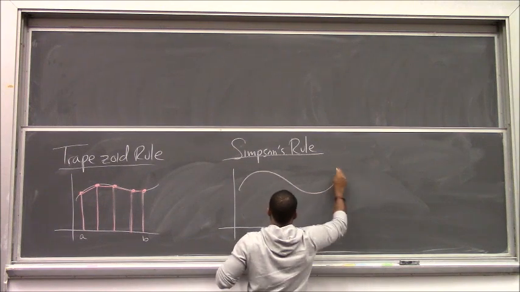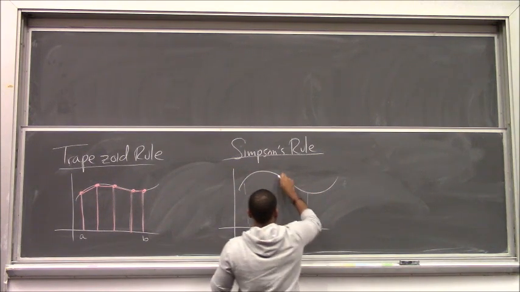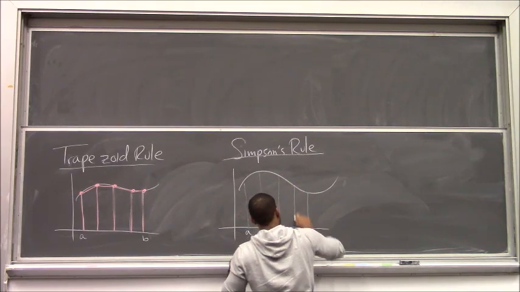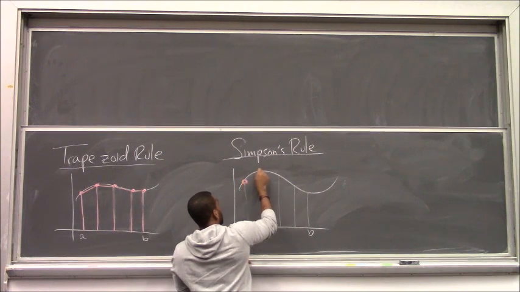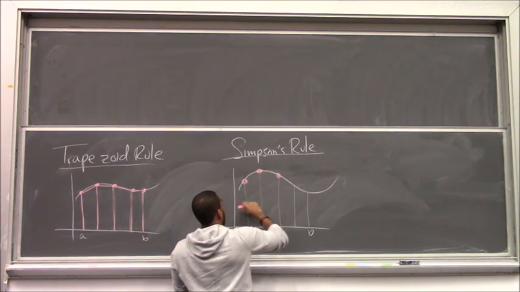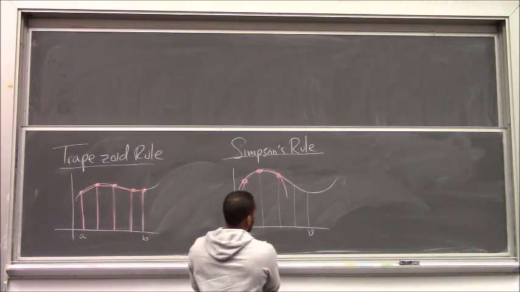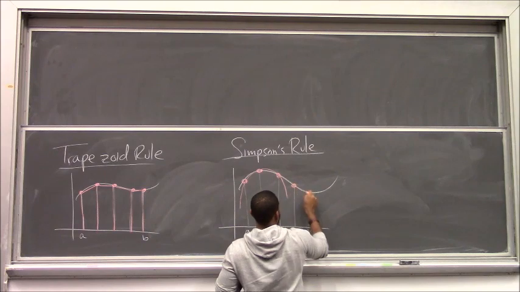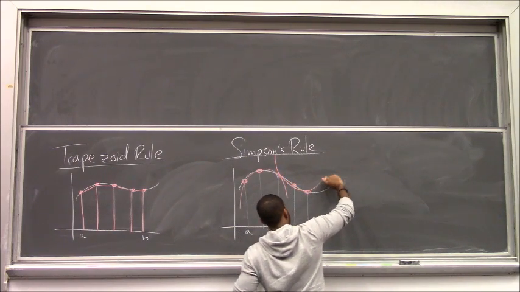You had a curve on A, B, and the idea was here you would take 3 points at a time. Notice that you will cover 2 subintervals in doing this, and then you just draw a parabola that goes through these guys. You do the next 3 points at a time, and then you draw another parabola that goes through these points.